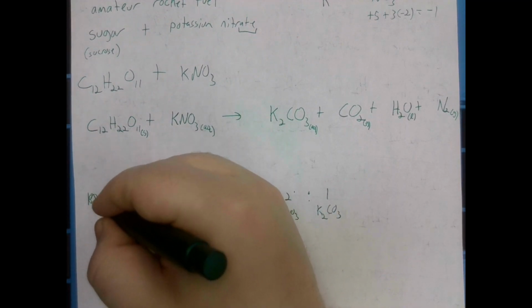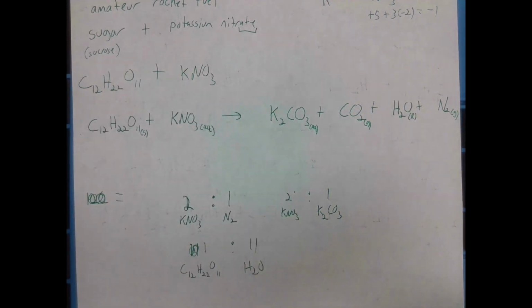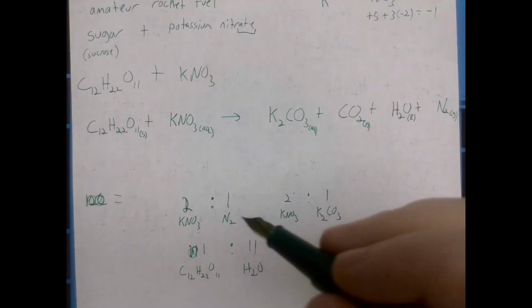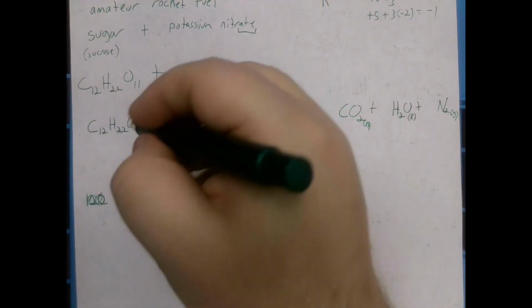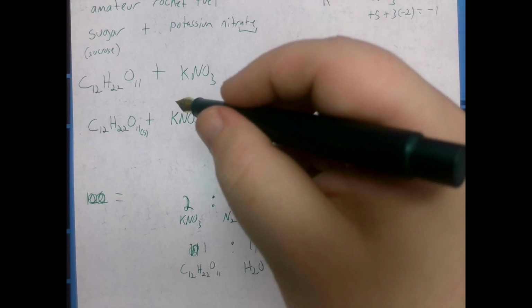I'm going to call this one X. It's a good thing to do. This one's complicated. We have to do oxygen at the same time. This would be trial and error mostly.